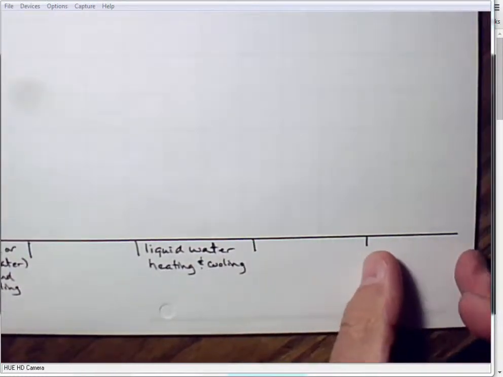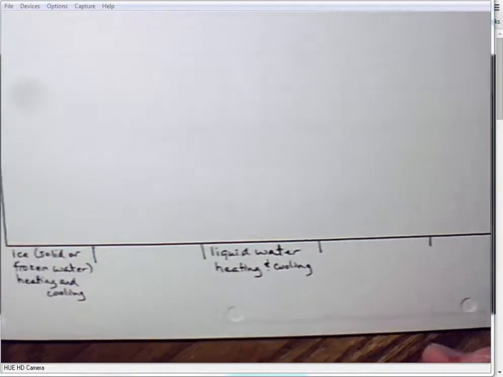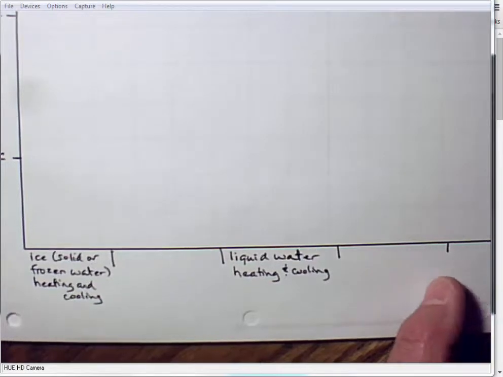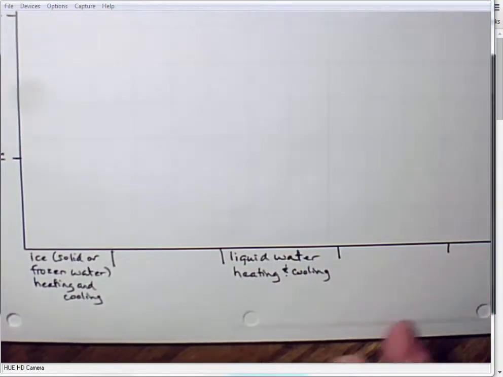And this last section over here on the far right, what's that going to be? Steam, which is what kind of water? Gaseous water. And what are we going to be doing over there? Well, boiling is actually in this range. We'll talk about that in a minute. If it's already gas, we can heat and cool it, but we don't boil it if it's already gas.